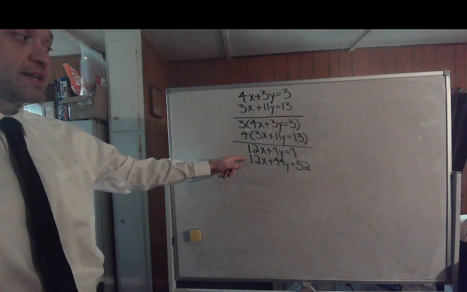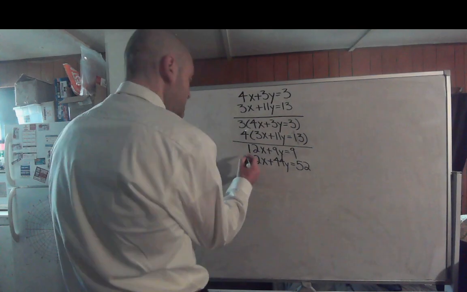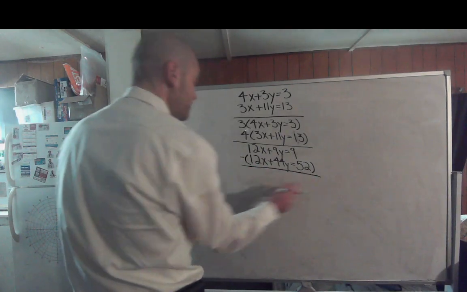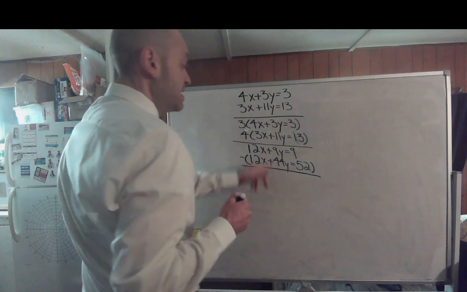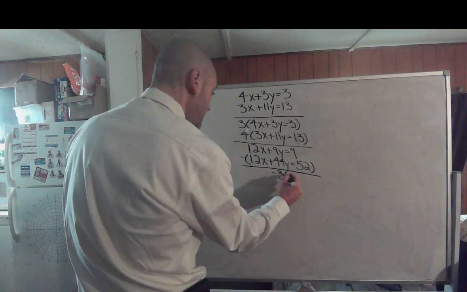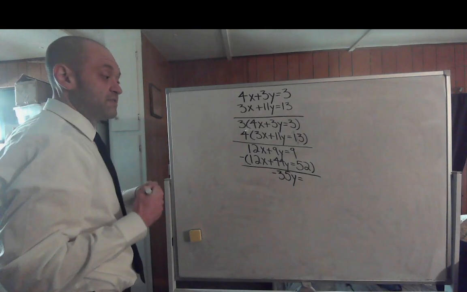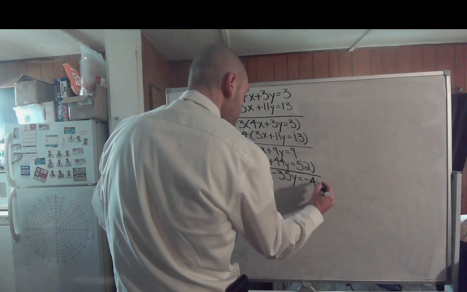We can subtract the second from the first and temporarily eliminate the x variable. So let's go ahead and subtract that second equation from the first. 12x and 12x gets rid of x. 9 minus 44, well, that's going to be negative 35y. That would equal 9 minus 52. Well, that's going to be negative 43.